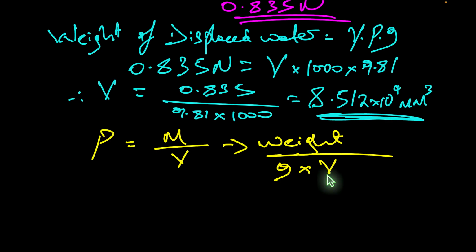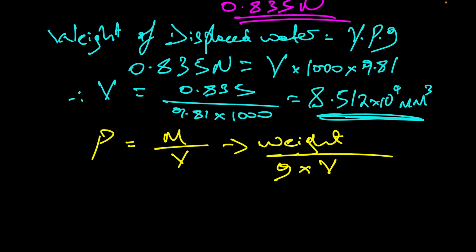And the reason for that is because if we multiply mass by gravity, then that's going to give us weight. So what we did here was to multiply both our numerator and our denominator by gravity. So therefore, we have gravity times volume in the denominator there.